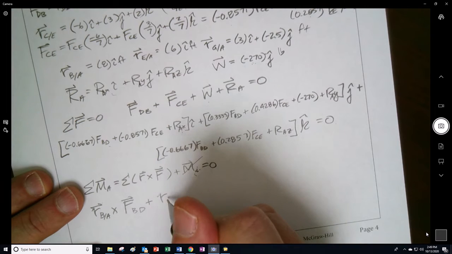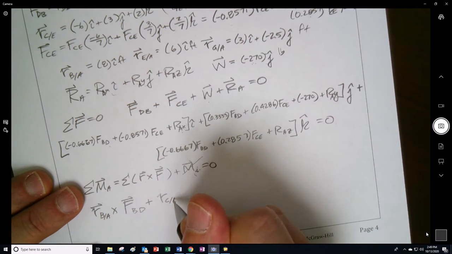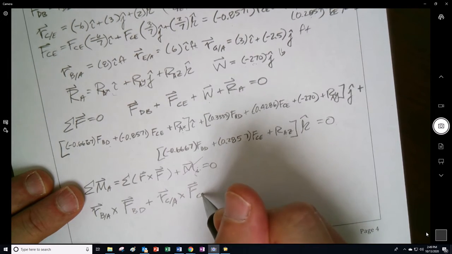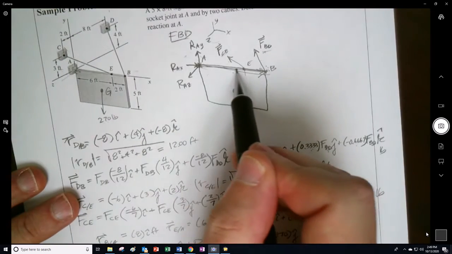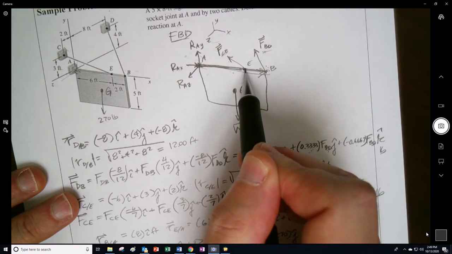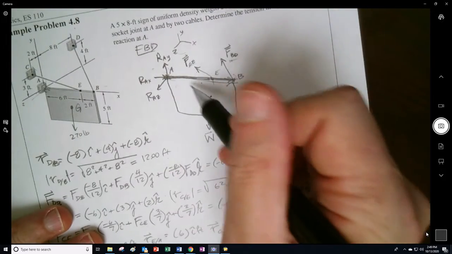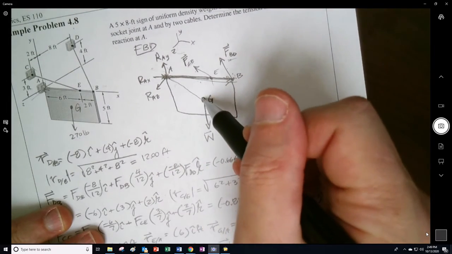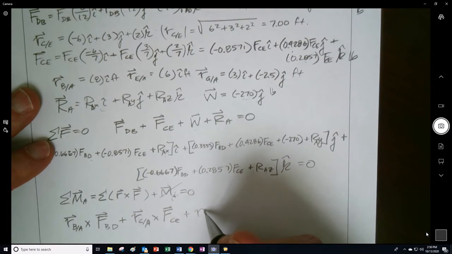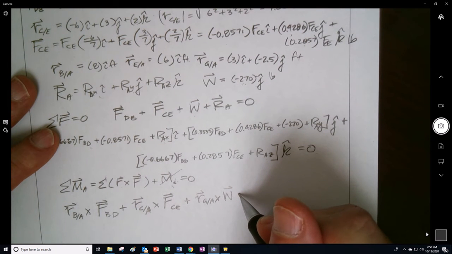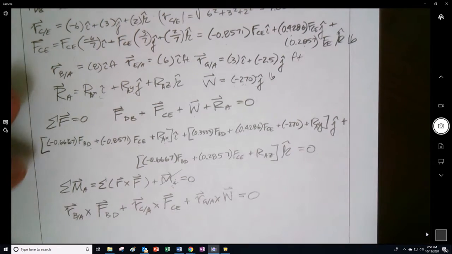Then we have the r of C with respect to A crossed with FCE. So this is the position vector right to there, and it gets crossed with there. Then we also need this position vector that's coming down to G. So it's rG with respect to A crossed with the force of the weight. And then lastly, or do we have a lastly? Nope. There's no other moments on there.